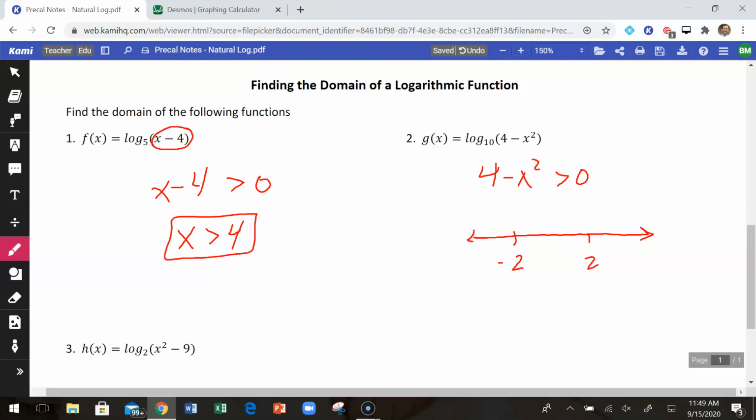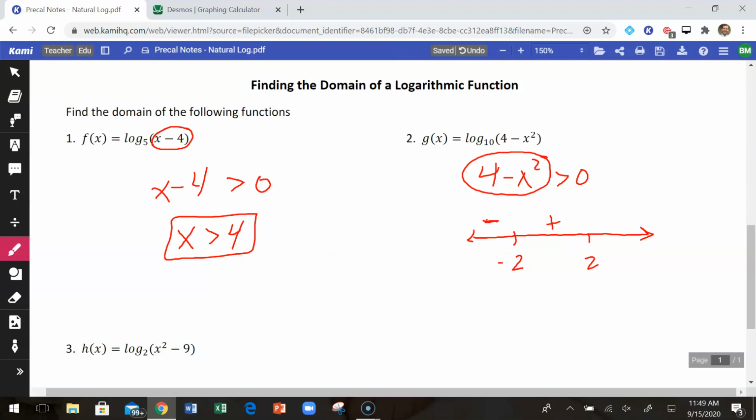And then we need to think about plugging things in each interval. If I did something less than negative 2, like negative 3, I would actually get a negative answer here. If I plugged in something between negative 2 and 2, like 0, I would get a positive number.